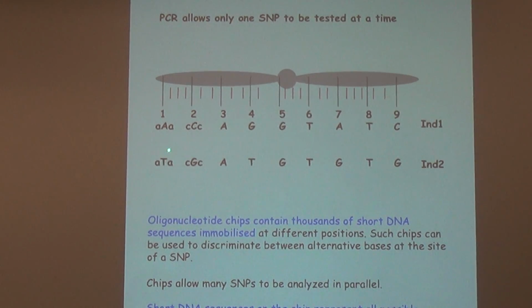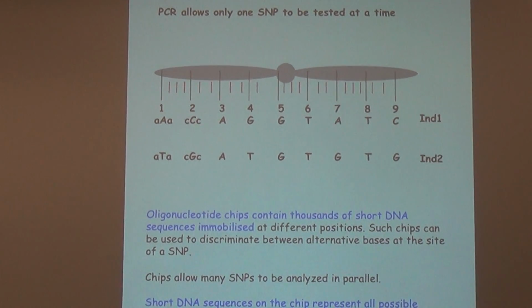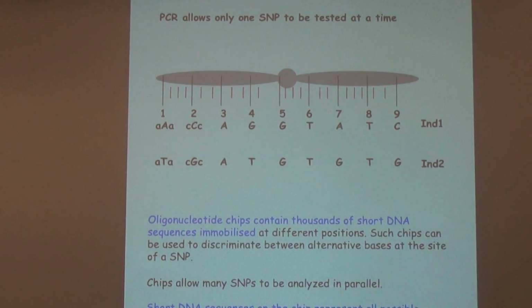Individual 2 has sequences that goes T, G, A, T, G, T, G, A, G. So those are the 9 SNPs. So when you determine the sequences of these 9 SNPs on that one chromosome, you can compare it to the second individual. And you can see the differences that are present in the two at those SNPs.